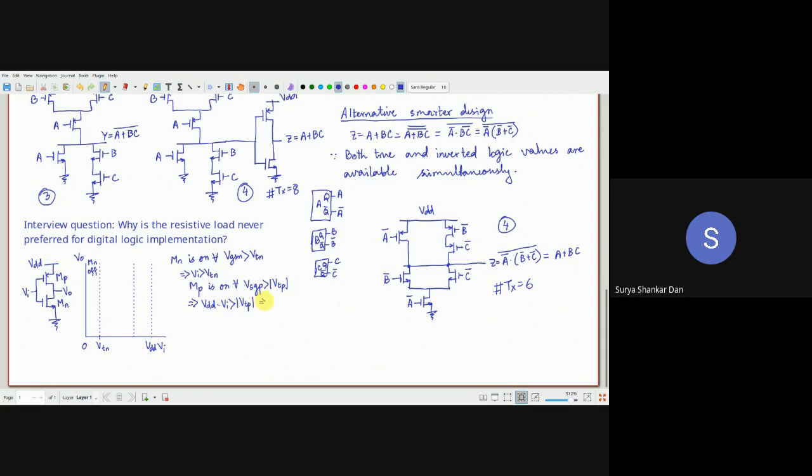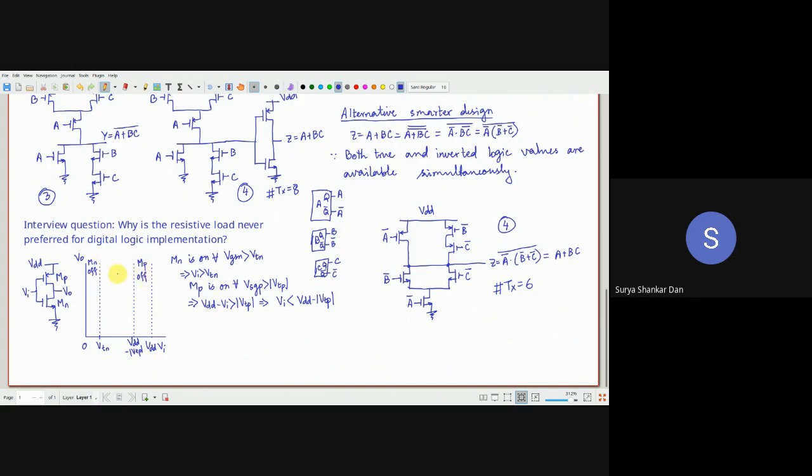So from here, VI has to be less than VDD minus mod VTP. So MP is off in this region. If this is VDD minus mod VTP, this is the part where MP remains off.